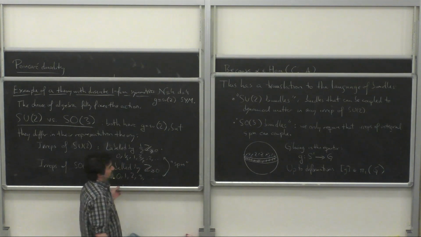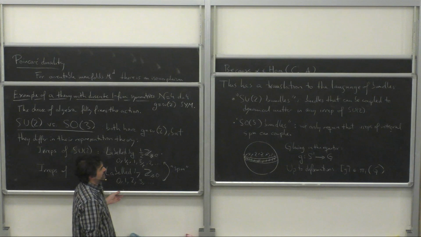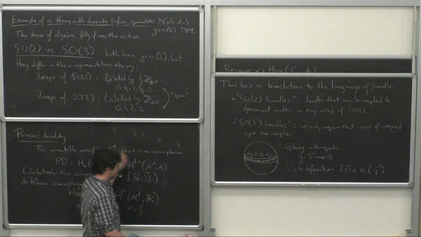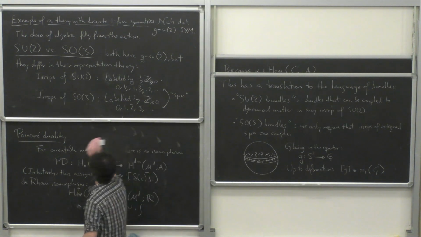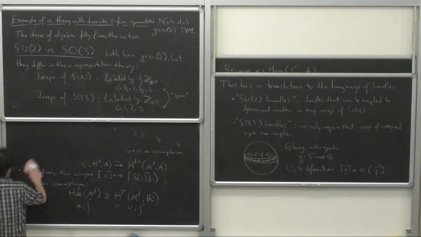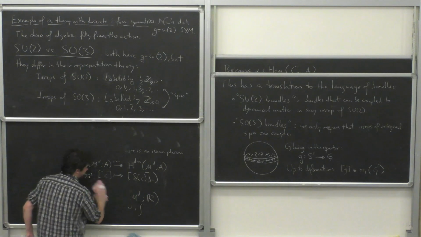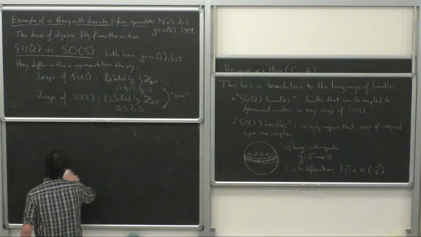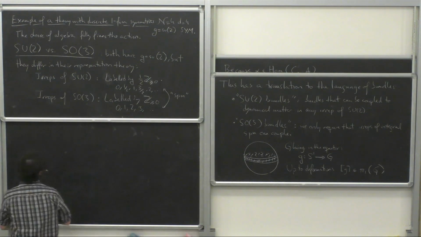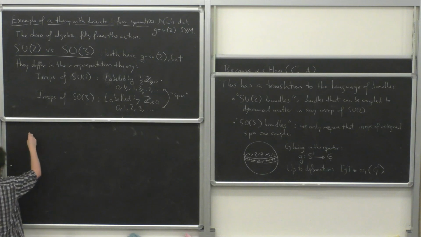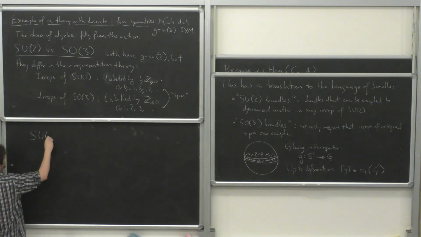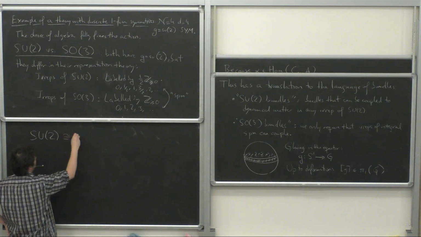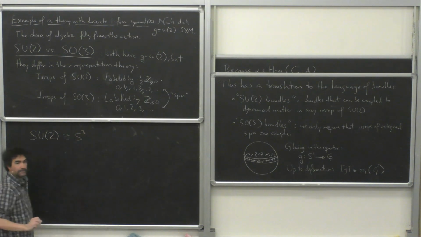So let's see which kind of bundles we can construct with SU(2) structure and with SO(3) structure. This came up already in some lecture before, I think. Recall, if you know this, and if not, just believe me, that SU(2) is homeomorphic to the 3-sphere.